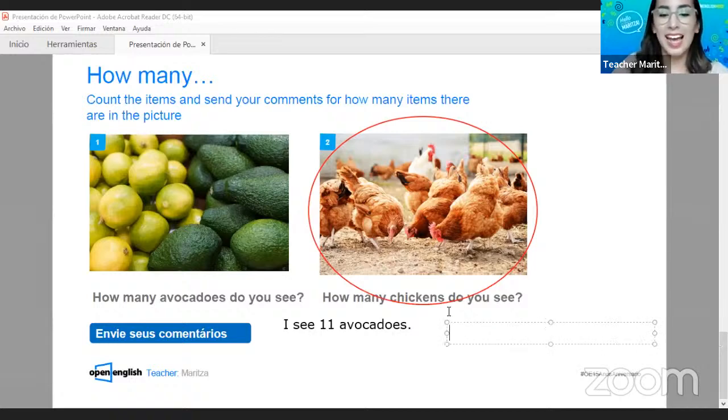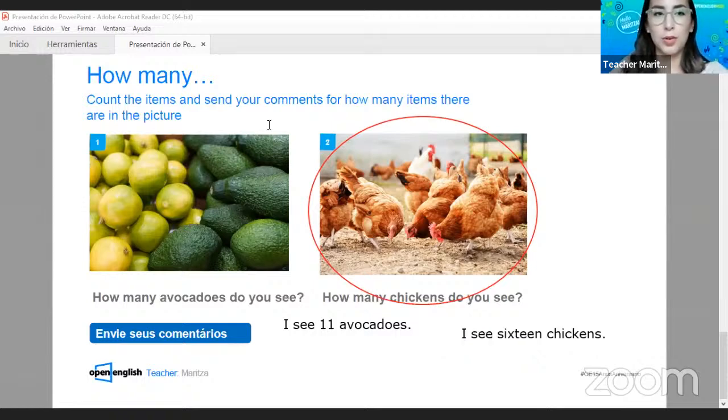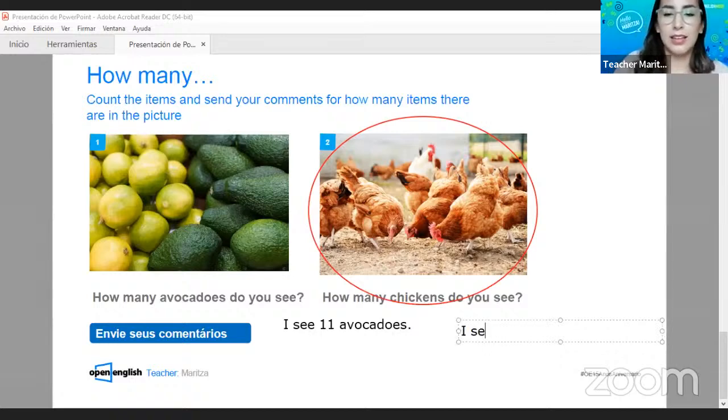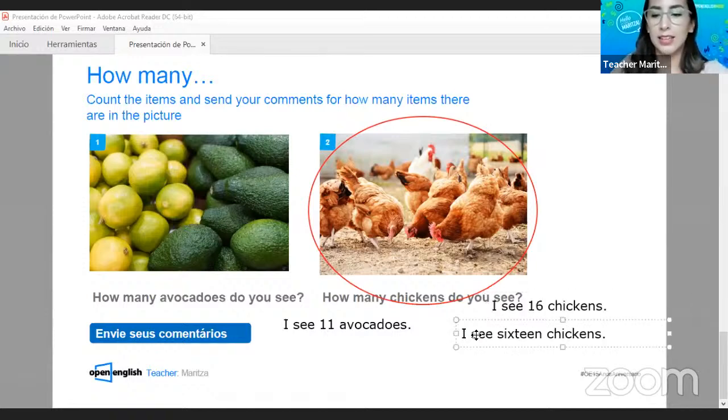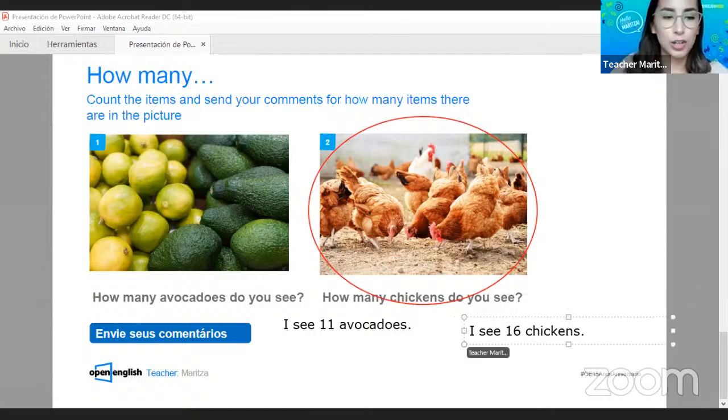Let me fix that. I see 16 chickens. So we can write the number form here as well for the chickens. Let me see if you guys agree with me.